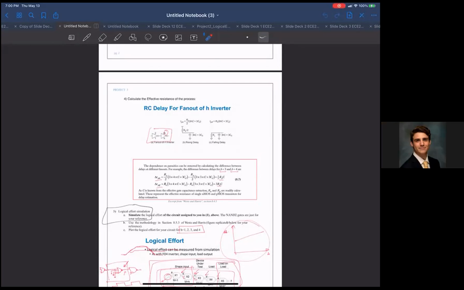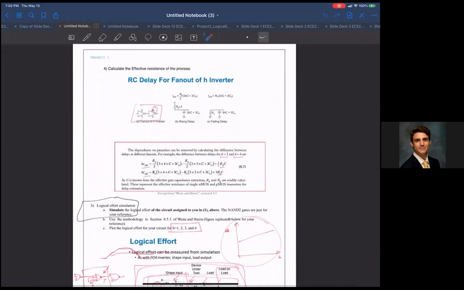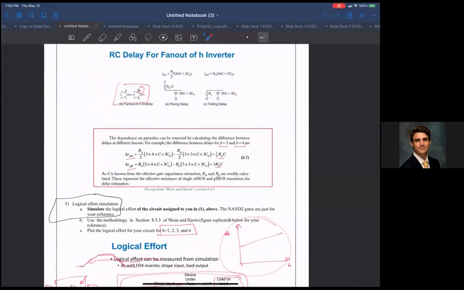Is that good or bad? Hey, for part number 4, I'm getting an R_n of like 3.9 times 10 to the negative 4. It's way off, but that's exactly what I'm getting from the simulation.